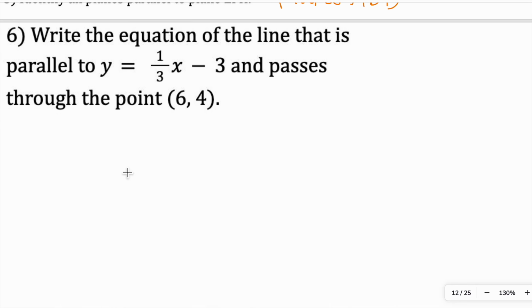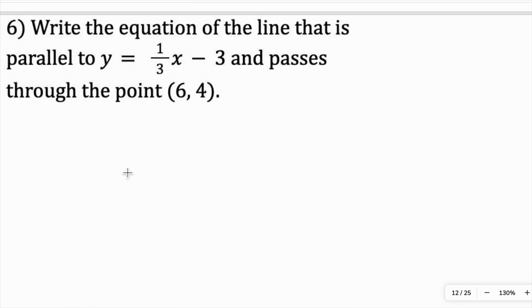Okay. Number 6, write the equation to the line that is parallel to y is equal to 1/3 x minus 3 and passes through the point (6, 4). It doesn't state what type of equation, so I'm going to show you both. First off, we have point slope form. We're going to use the same slope since we want parallel.